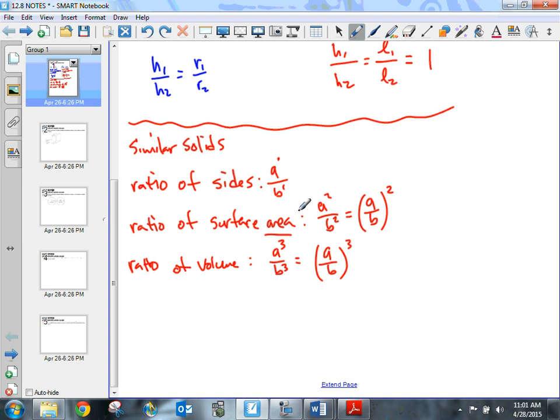I'll show you how this works in a second, but we can find the ratio of surface areas by taking the ratio of sides and squaring it.